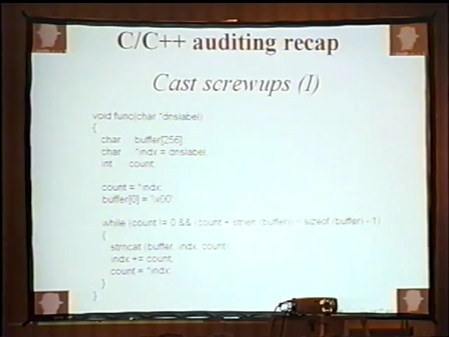The data at DNS label is user supplied. It can be anything, yeah. There is an implied cast, and what happens? Well, it could be anything, and what's the consequence of that?